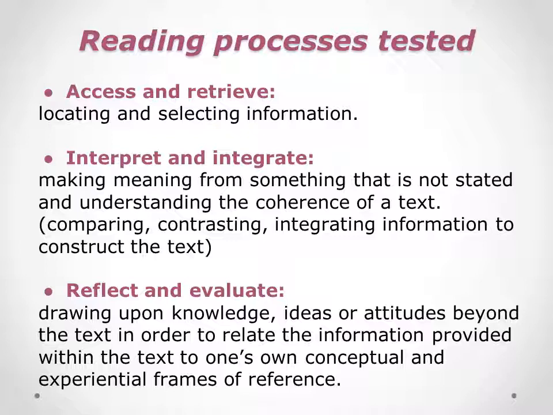Interpreting and integrating is the second set of processes, which means filling in vacuums of meaning. To integrate implies recognizing and understanding the text coherence, relating information from several parts of the text to give sense to it. To complete such tasks, the reader has to determine what the appropriate connection is.